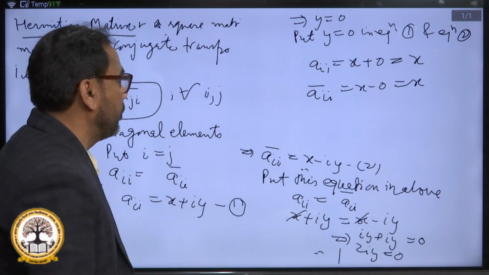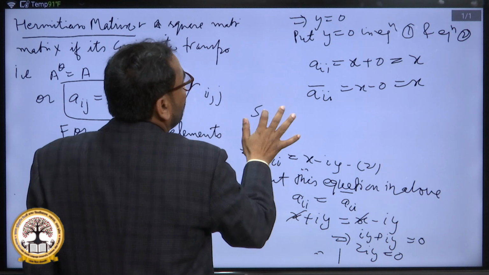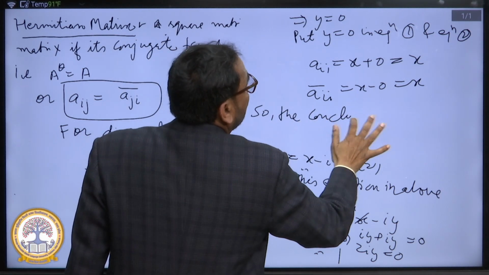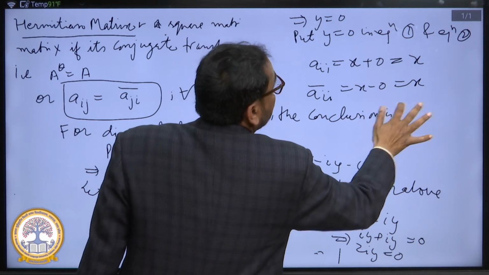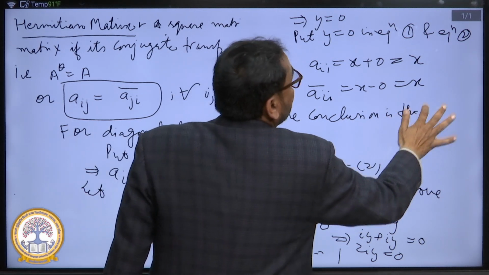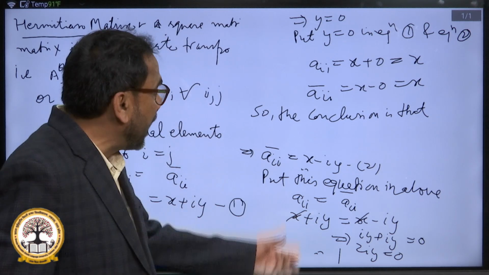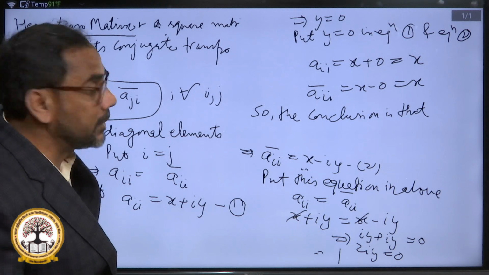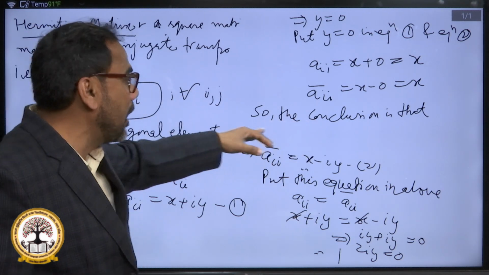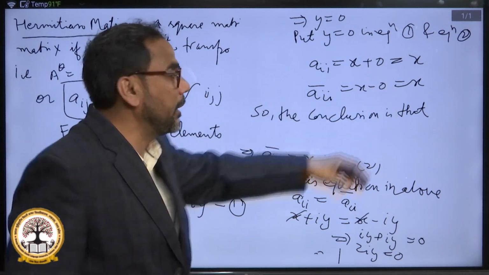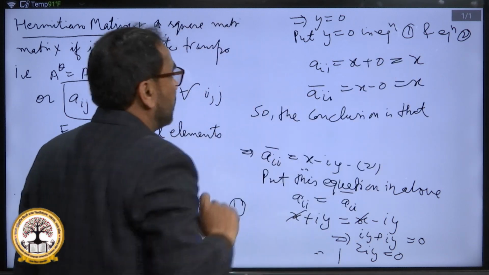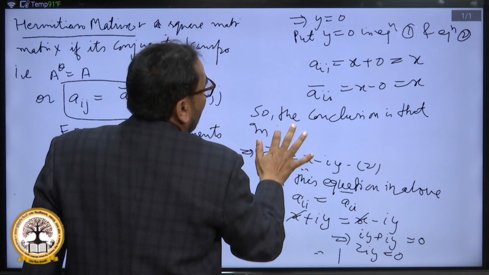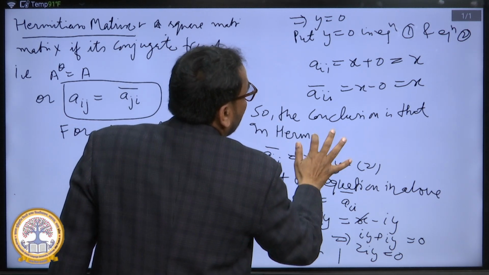So the conclusion is that in Hermitian matrix all the diagonal elements are wholly real. It means this x is a real number.